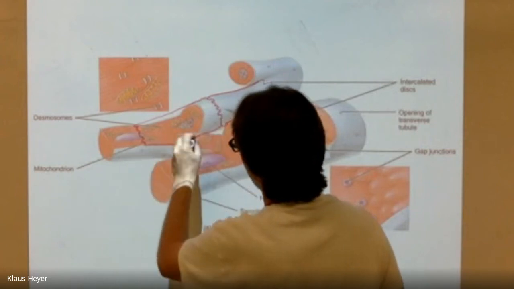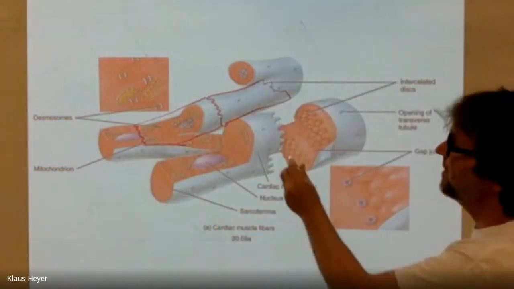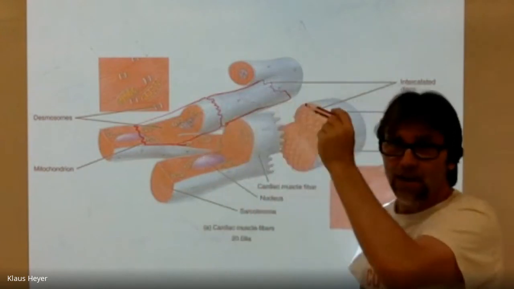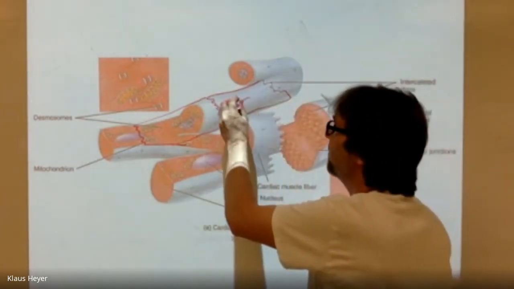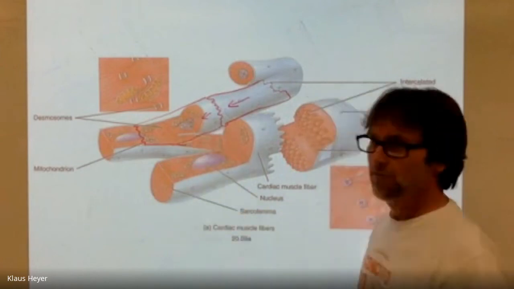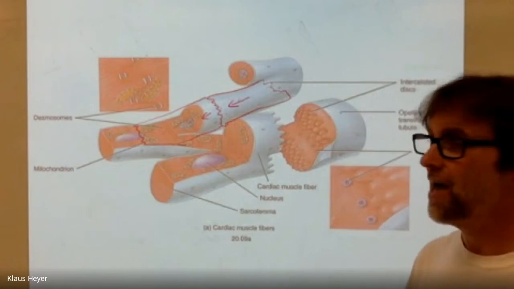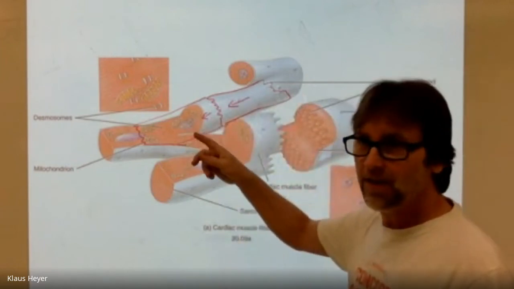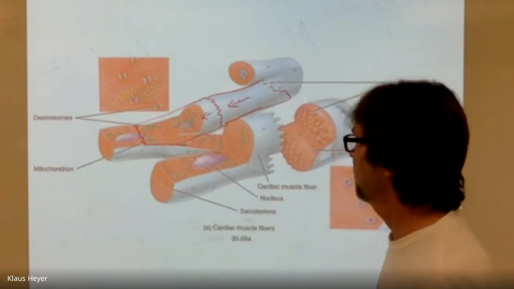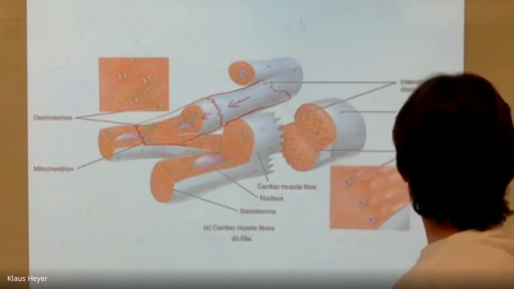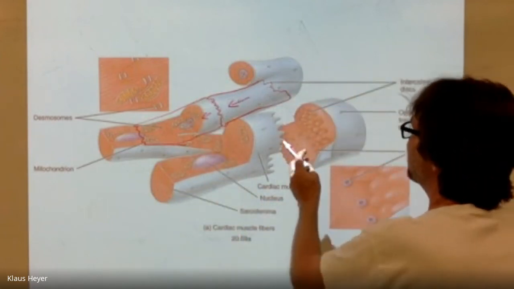They're branched, but you get the idea. In between one and the other, I need that electrical signal to go from here to here without any delay. It has to be simultaneous, like a split second, right? So they have these things in between them called intercalated discs.